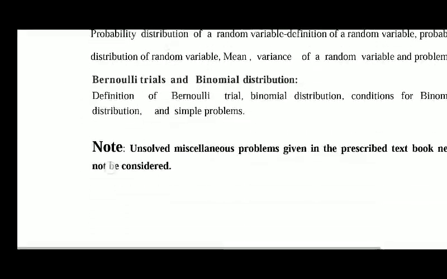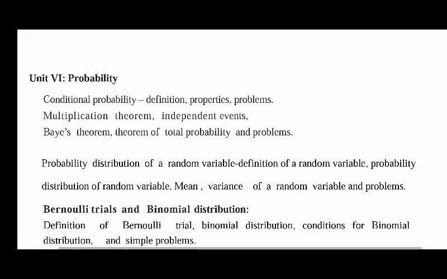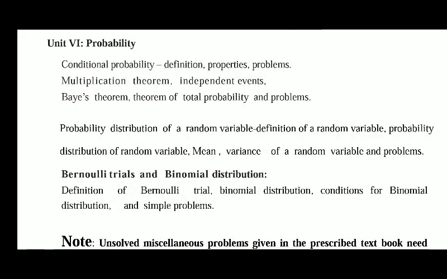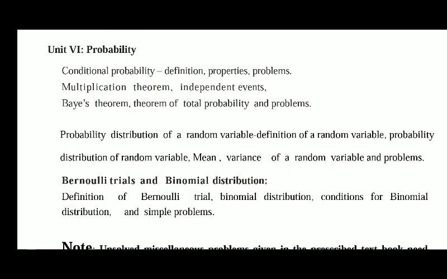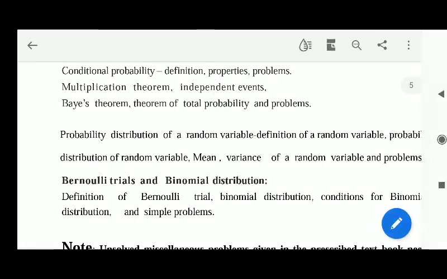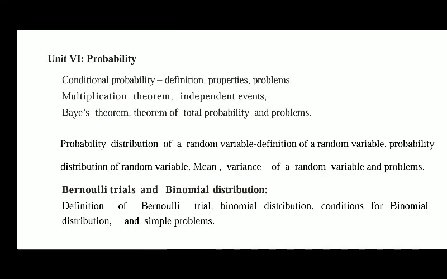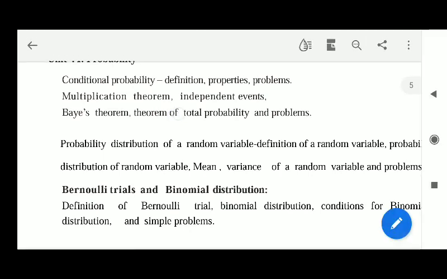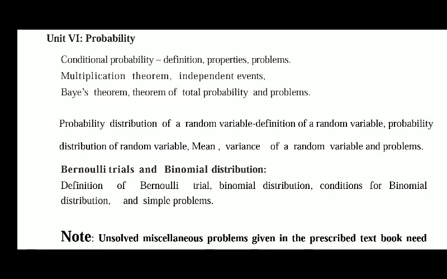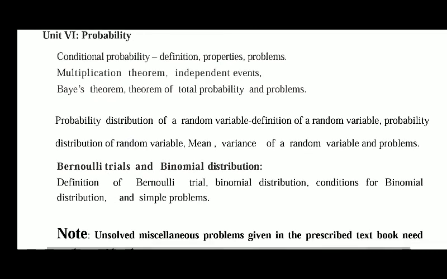The last one is about probability. Already in the previous year you have studied probability. So here you are going to see different types of probability, like conditional probability and multiplication theorem, independent events, Bayes theorem, and theorem of total probability and its problems, and probability distribution of a random variable with its definition, and some examples.